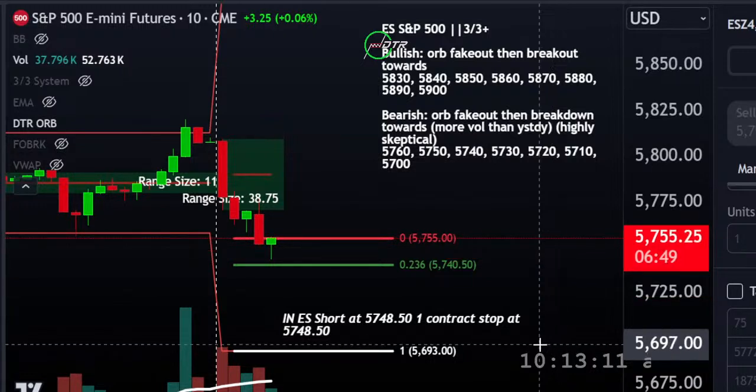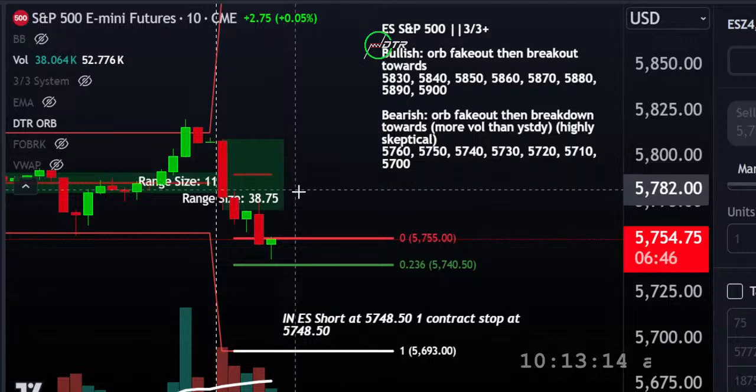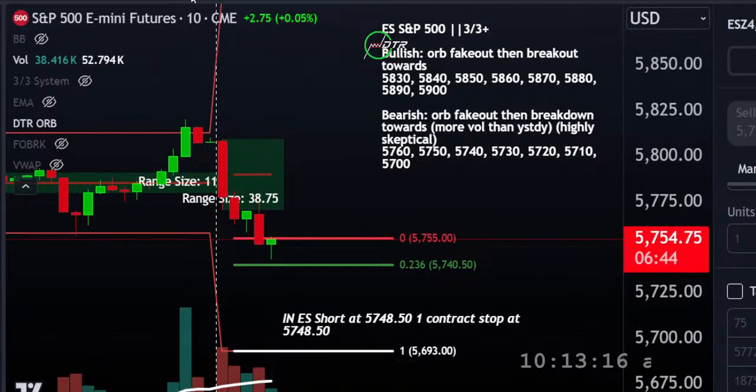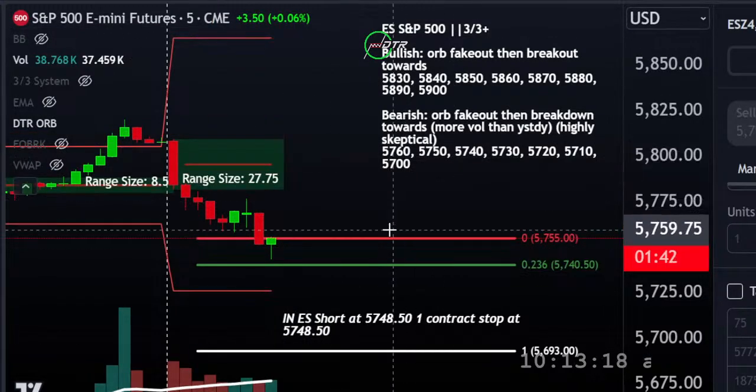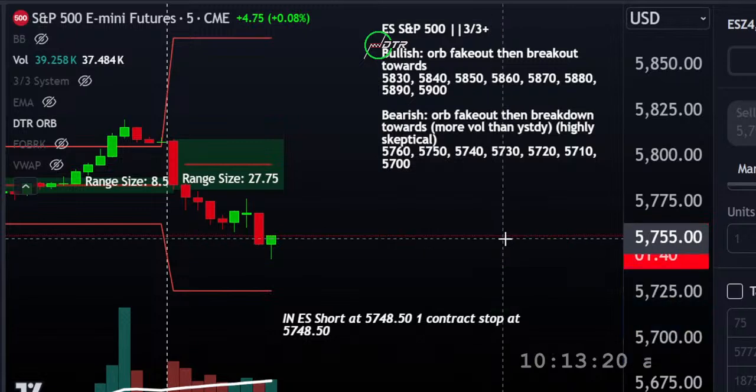All right, it stopped me out again. So quick little move lower, quick little reversal. 0 for 2. And I'm down about $650 on the day.